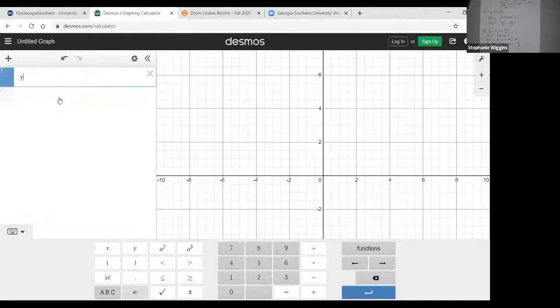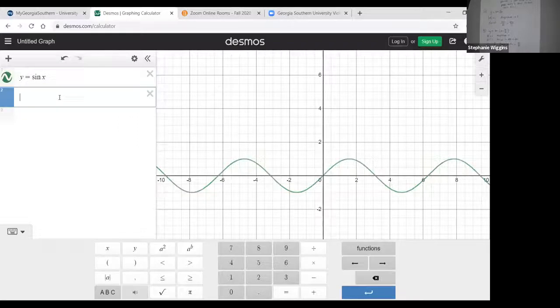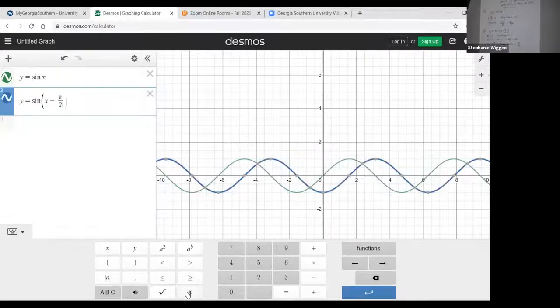So my basic function is y equals sine x. And then along with that, I'm going to graph y equals sine of x minus pi over 2. So pi divided by 2. Okay? And you can kind of see what happens there.